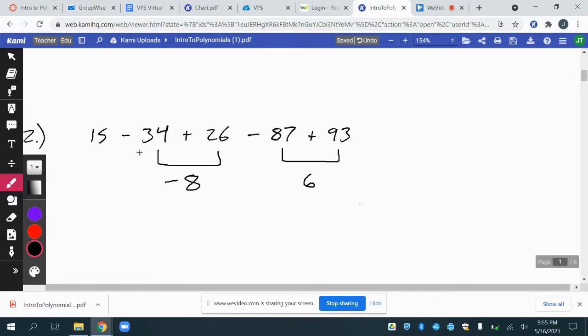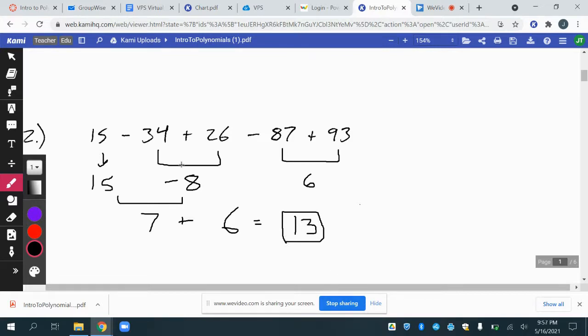And then I got 15. Well, that's a lot easier, right? 15 minus 8 is actually 7. So you can see I can add these in ways that are not the most complicated thing. And that is what we're shooting for.